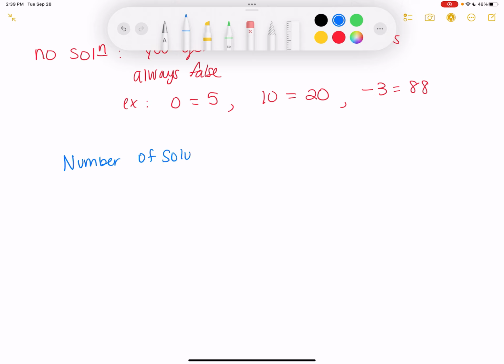Number of solutions, and slopes and y-intercepts. This is for the case where you are given the system written in slope-intercept form.